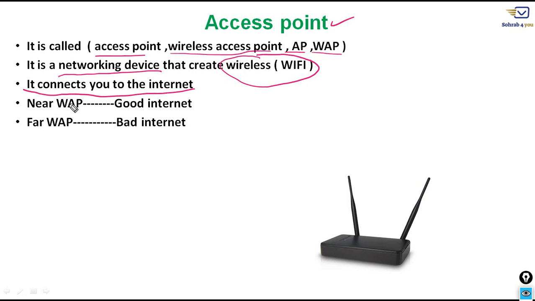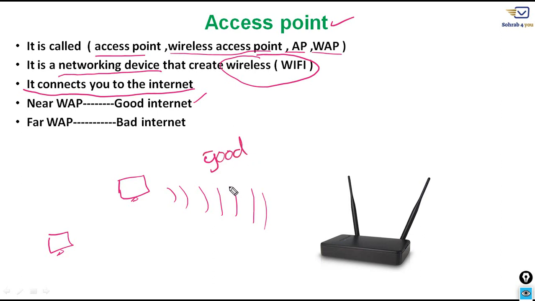If your device is near the access point, you have a good internet connection. If your device is far from the access point, you have a bad internet connection. So suppose this is my computer and this is another computer. Any computer which is near to this has good internet, because the nearer you are to the access point, the better your signal is.